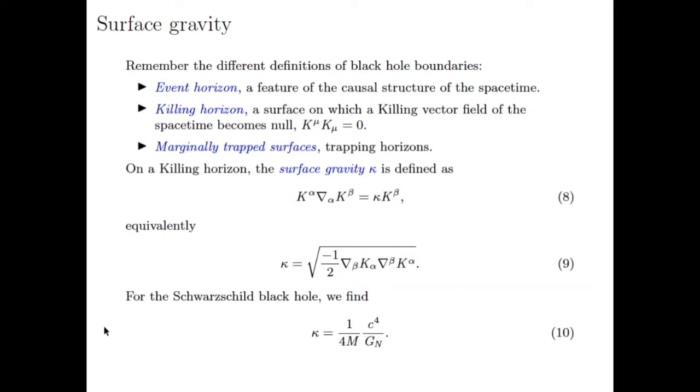And these three definitions are the event horizon, which, as you remember, is defined as a feature of the causal structure. There were the marginally trapped surfaces, which we talked about also in the exercise sheet. And the third definition was the so-called Killing horizon.